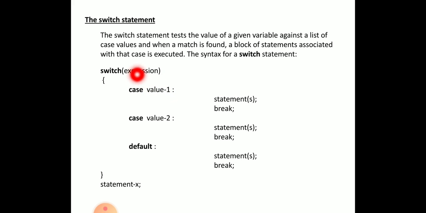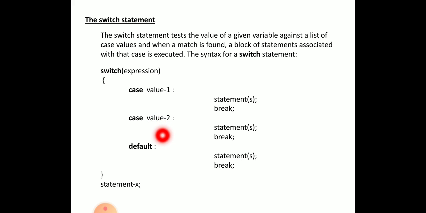That means we give an expression within the switch statement, and after evaluating the expression, or it may be a constant also, this value is checked against all the values given in the case statements.